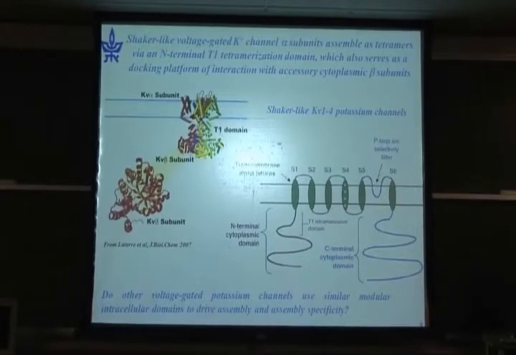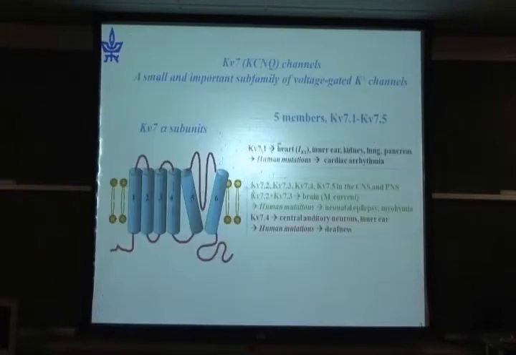So the question is whether other voltage-gated potassium channels are using similar modular intracellular domains to drive the assembly and the assembly specificity. So in our lab, we're working on the Kv7 potassium channel, or the KCNQ channel, which is a small and important family of voltage-gated potassium channels, which include 5 members.